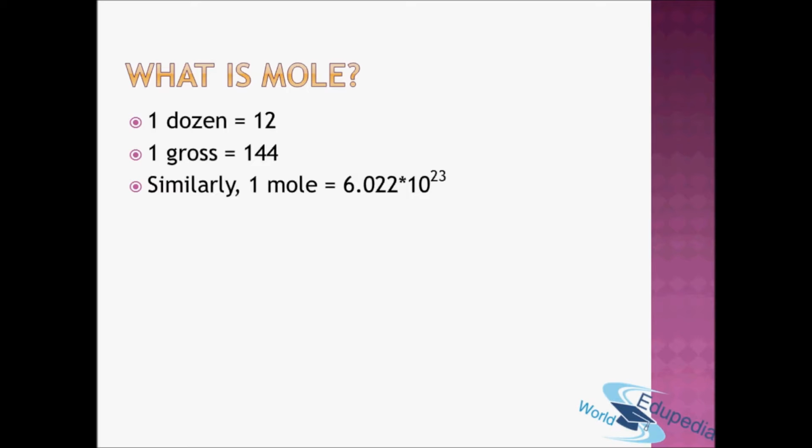So there will be 20 zeros after the last digit of that 2. It will come out to be 6022 followed by 20 zeros. So this is what we mean by mole.